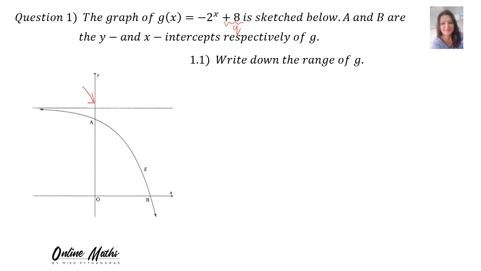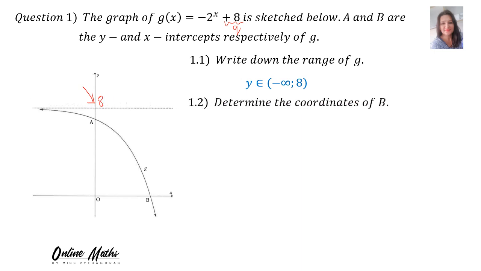Since there's a plus 8, we know its q's value, so we know the horizontal asymptote is at the line y is equal to 8. Therefore, when we read off the range, we can see that y is an element from minus infinity up to 8, and don't include 8 or minus infinity.